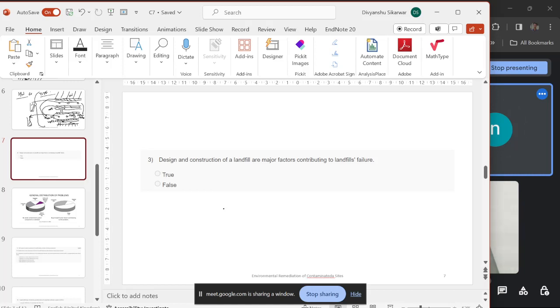False. So, what do you think? What are the factors which are majorly responsible for landfill's failure?